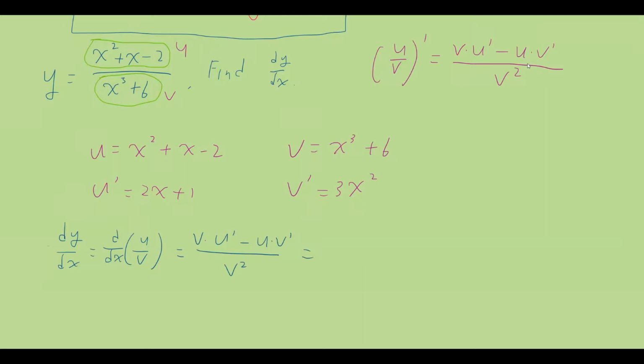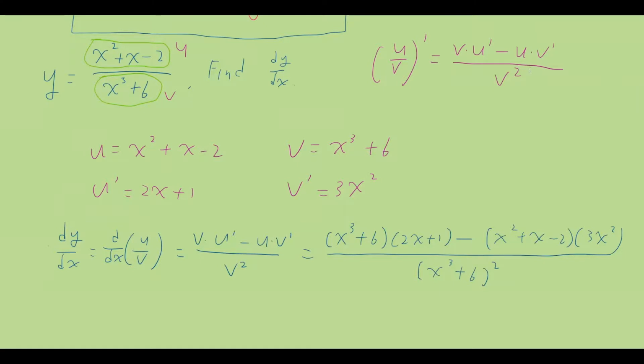And let's just go ahead and plug in everything here. So v is x cubed plus 6 times u prime, that is 2x plus 1, minus u, that is x squared plus x minus 2, times v prime, that is 3x squared, all over v squared, so that's x cubed plus 6 quantity squared.